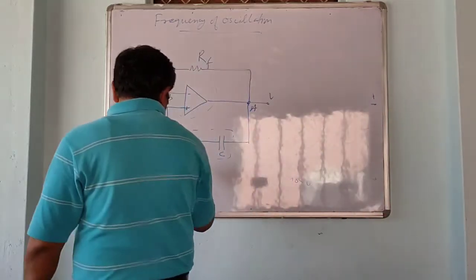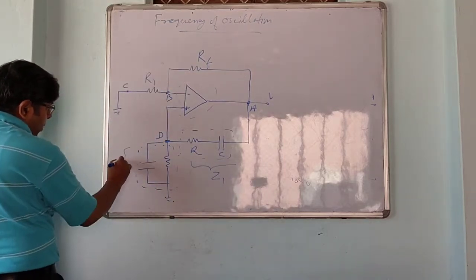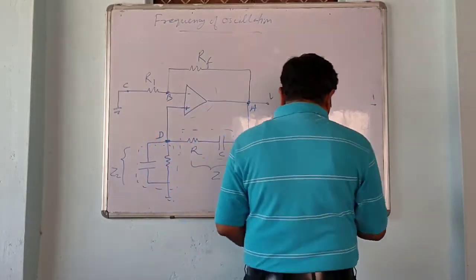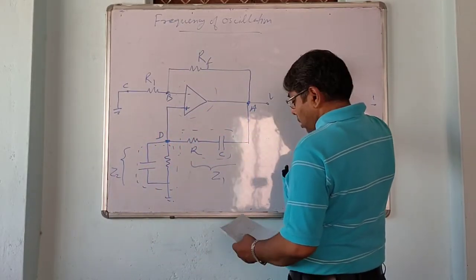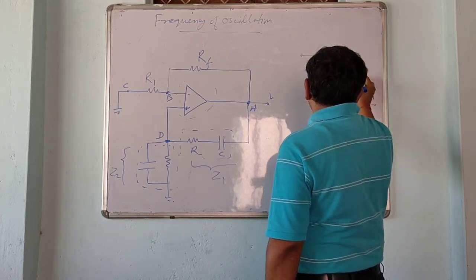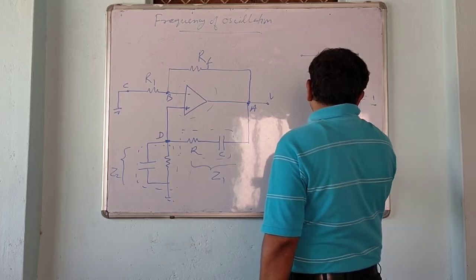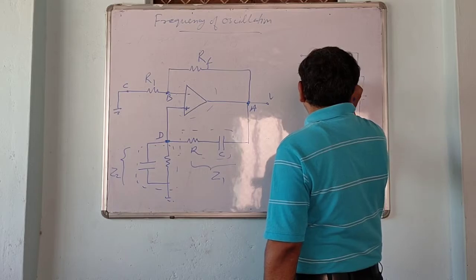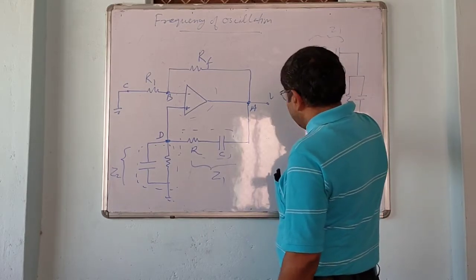Suppose the series combination is Z1 and the parallel combination is Z2. Then we can use here series and parallel combination. So this is the series combination and here we have a parallel combination. And this is Z2 and this is Z1. Output here is V0.